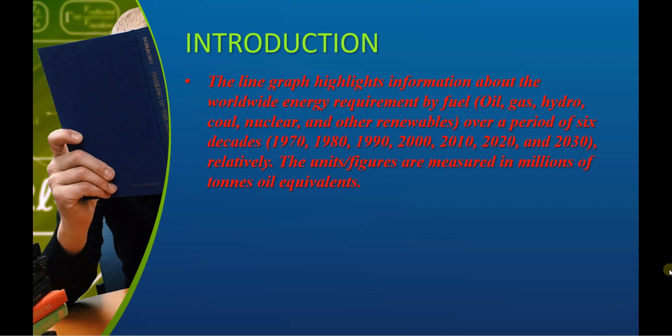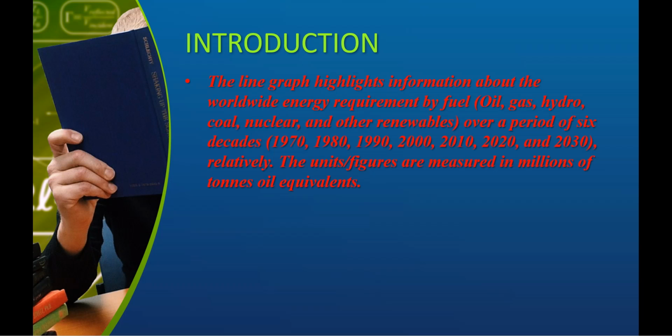So here is our introduction. The line graph highlights information about the worldwide energy requirement by fuel, open the bracket, oil, gas, hydro, coal, nuclear, and other renewables, over a period of 6 decades.